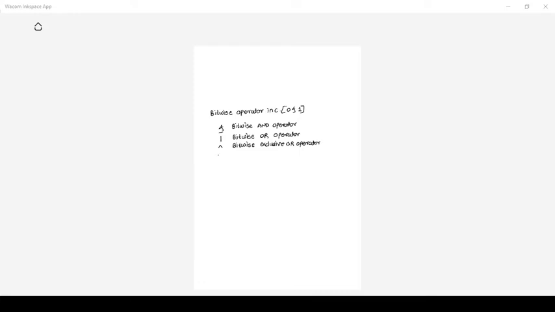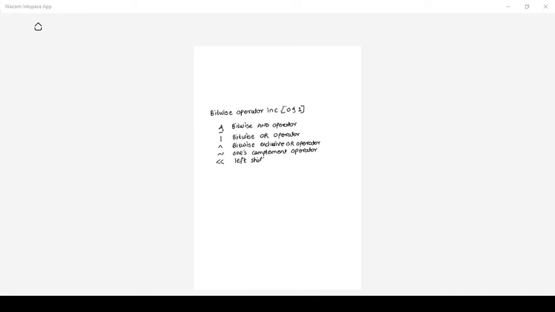Next is the negation operator, or the one's complement operator. The next one is the left shift operator.